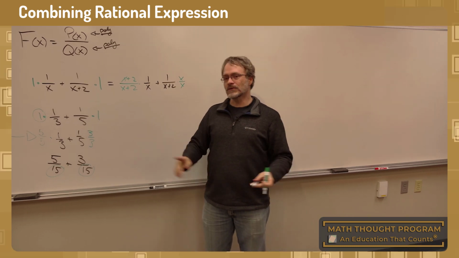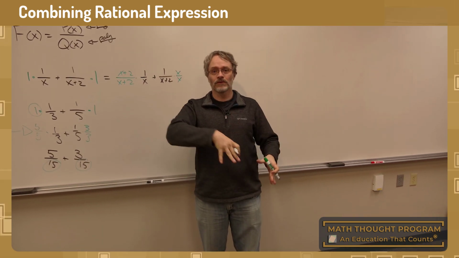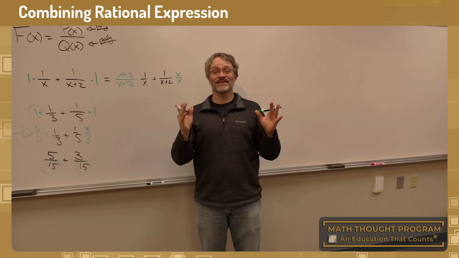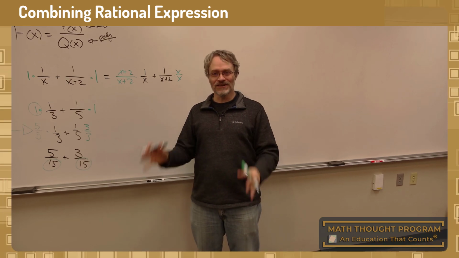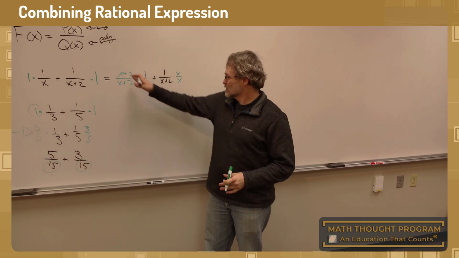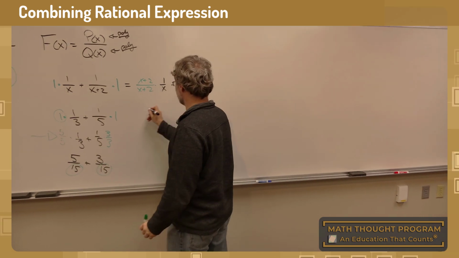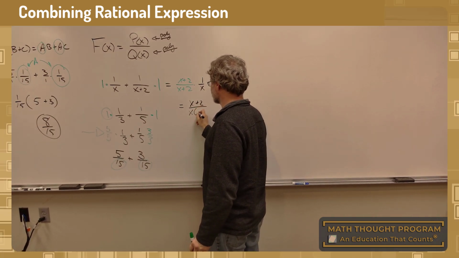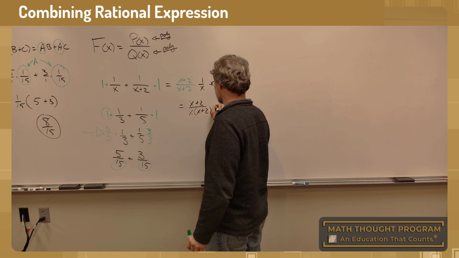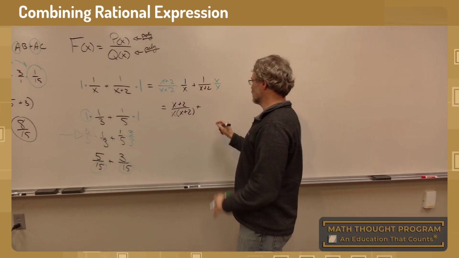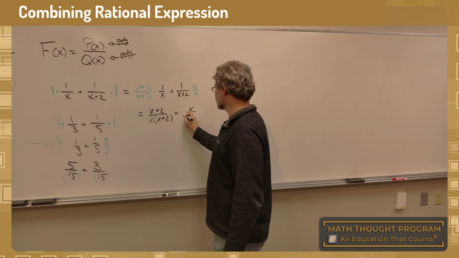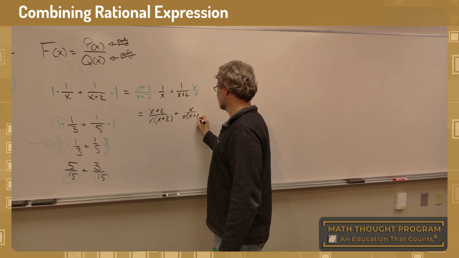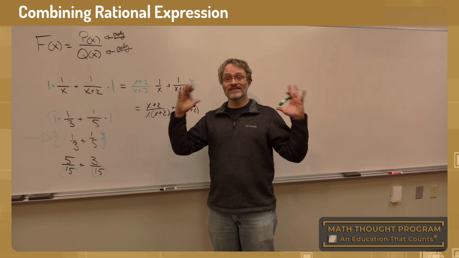To solve those, I multiply the numerator by the numerator and the denominator times the denominator. So up top, I'm going to have x plus 2 all over x plus 2. And in the next one, I'll have x all over x plus 2. And the denominators are identical.